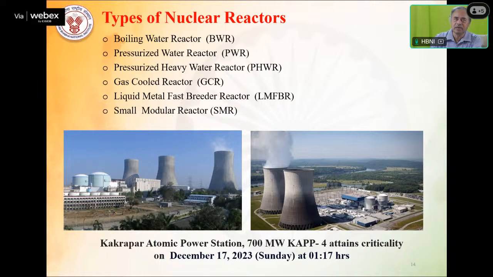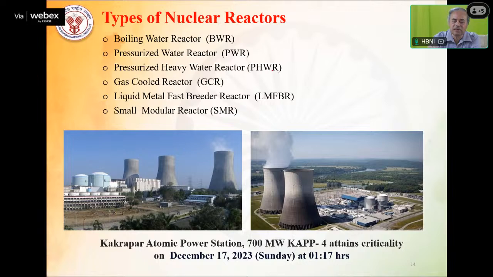The types of nuclear reactors. So we have in our country boiling water reactors. They are at Tarapur, 2 units are there. Then pressurized water reactors or light water reactors we have at Kudankulam.